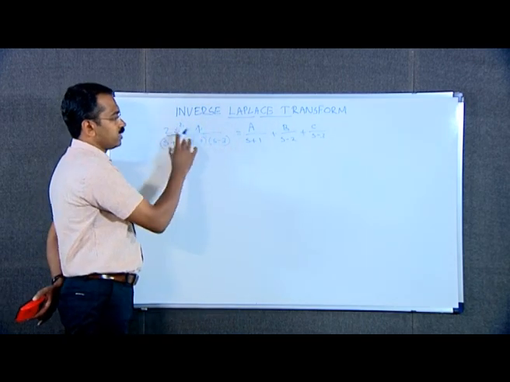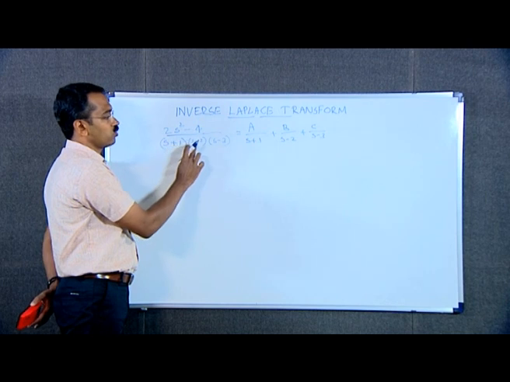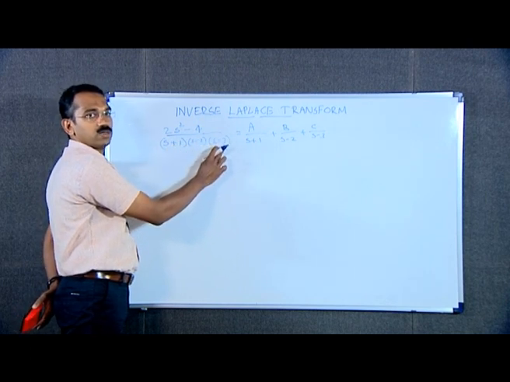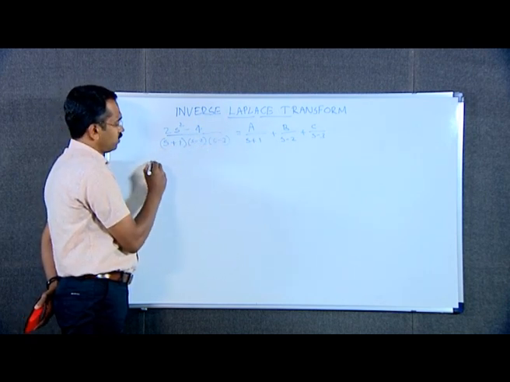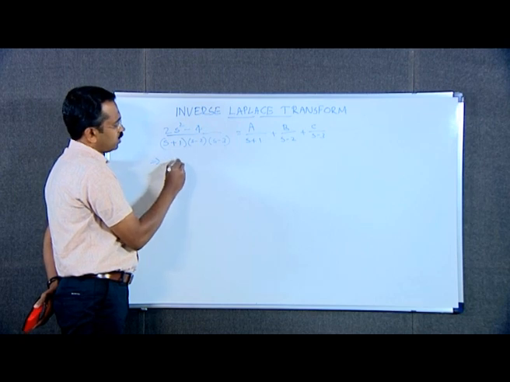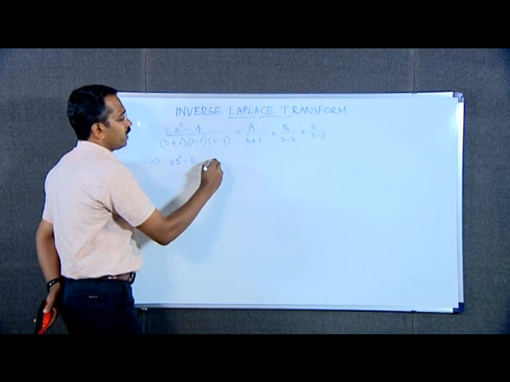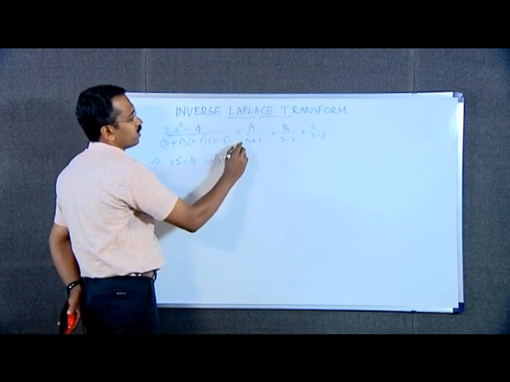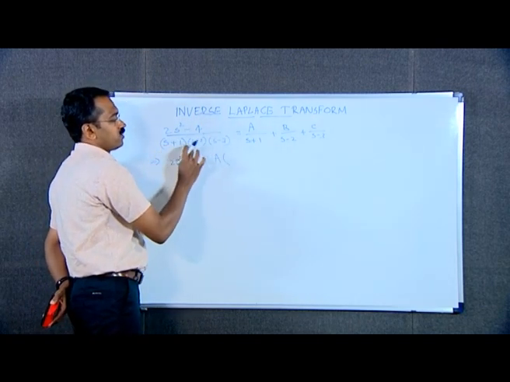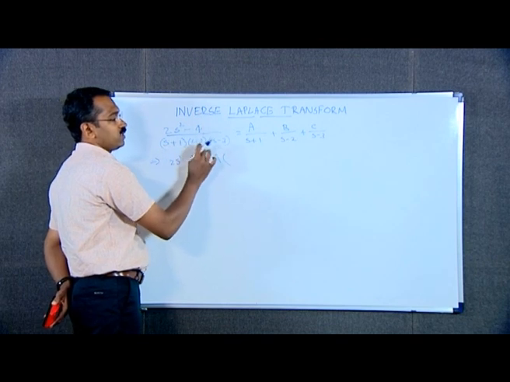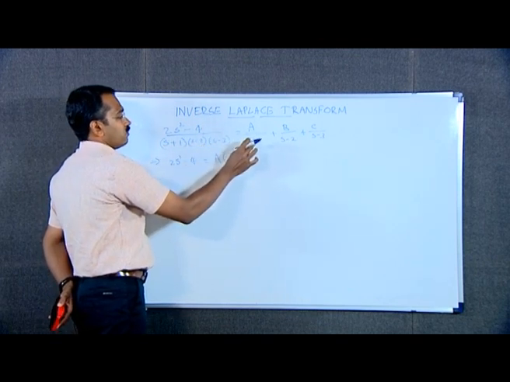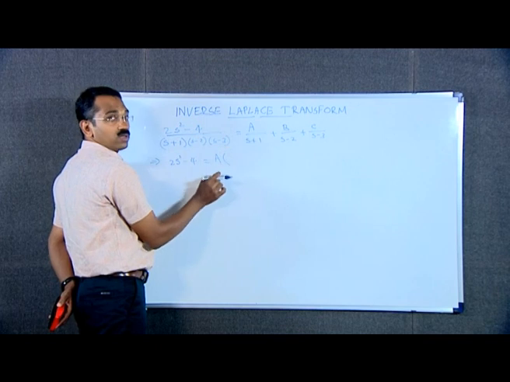Multiplying both sides by s plus 1 into s minus 2 into s minus 3, we get 2s square minus 4 is equal to a into, here if we multiply with the product of these 3, s plus 1 cancelled.